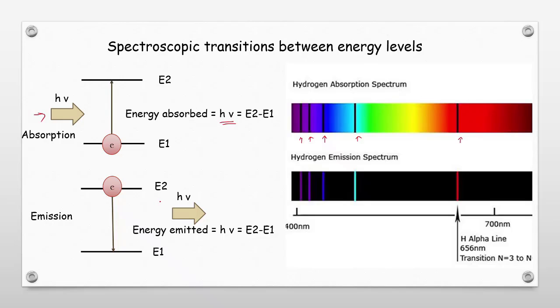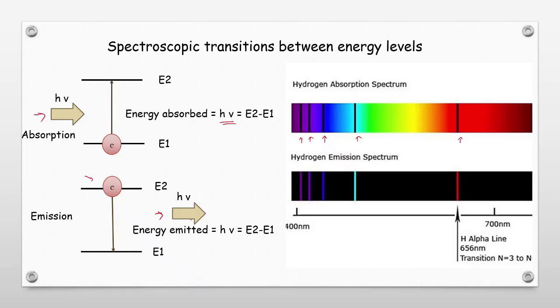And if by some means the atom is excited to a high energy level, it can be by thermal means or by light. So here the electron is in the high energy level, and an electron in the high energy level is not stable. It has to fall back to the lower energy level, and during that process energy is emitted.